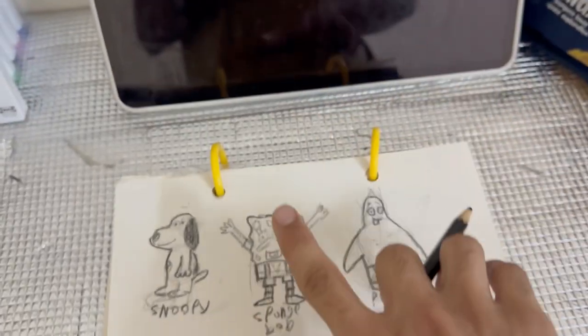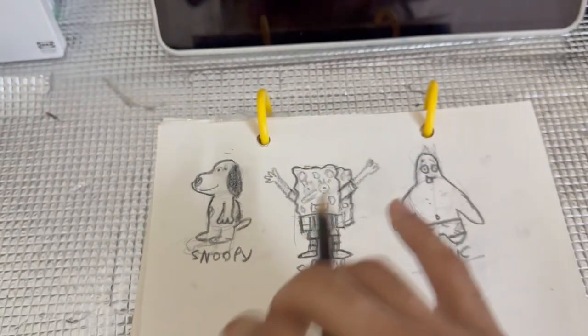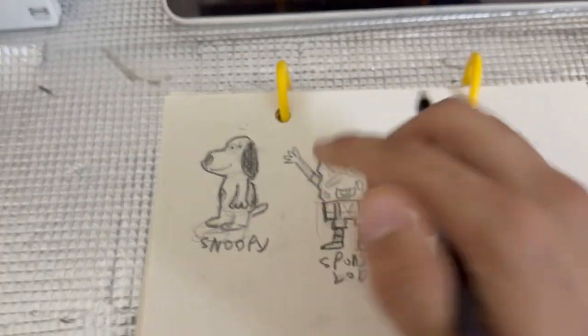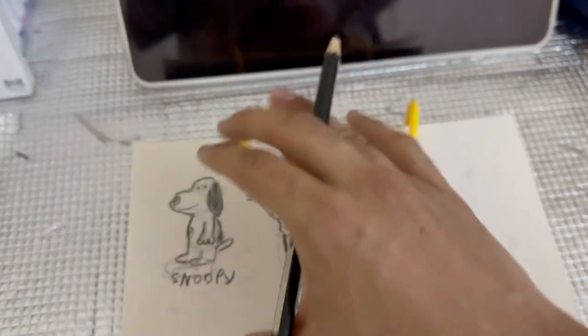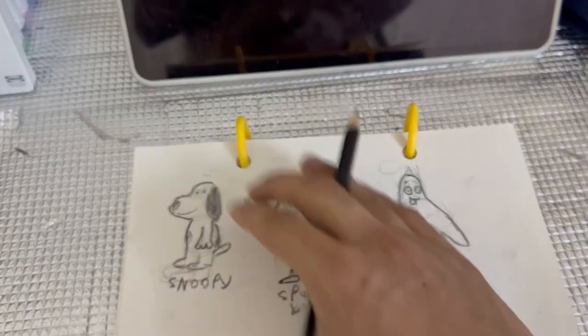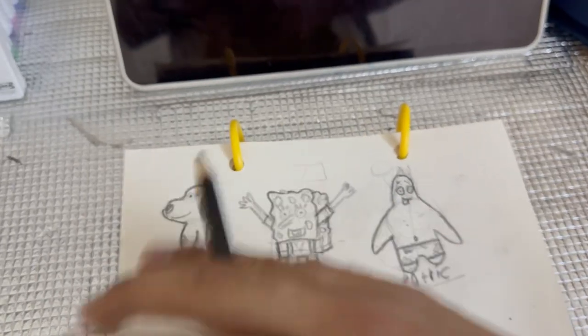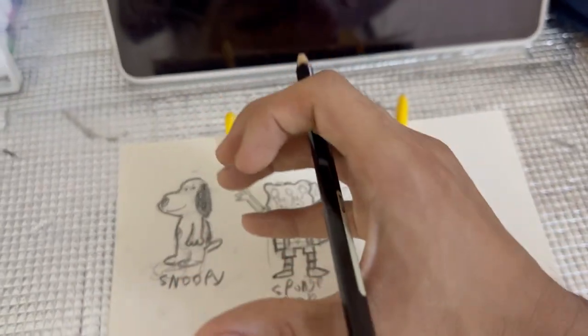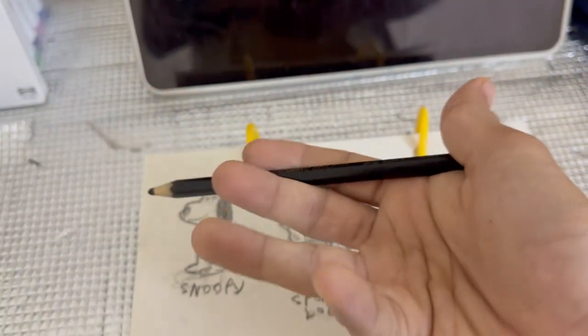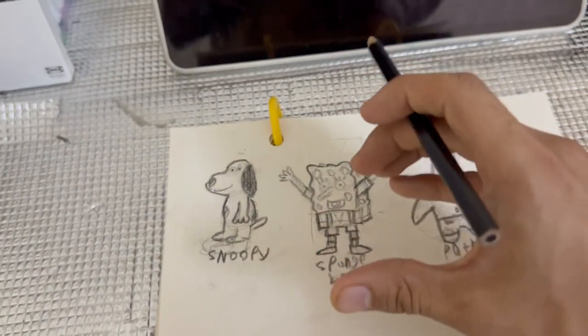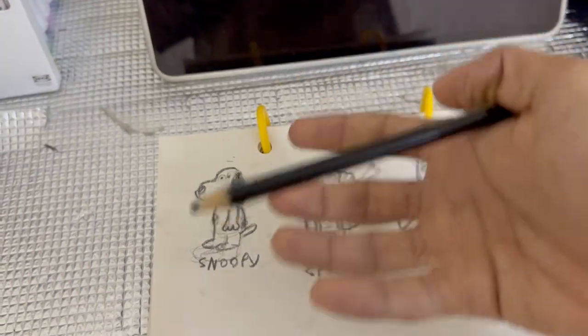The most important thing is that you need to look out for things, like for example, SpongeBob is made out of squares, and this is made out of this, and this. Try to recreate exactly what you saw in the image, and this is going to help you master seeing. As artists, we have to see things the way they are. So this is a very good way to practice this.